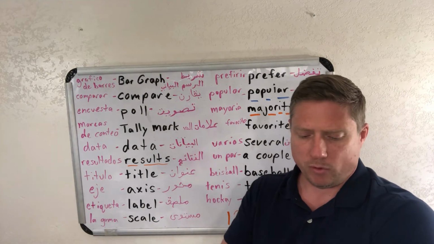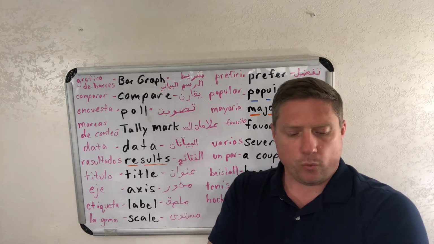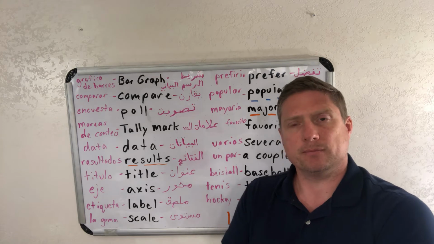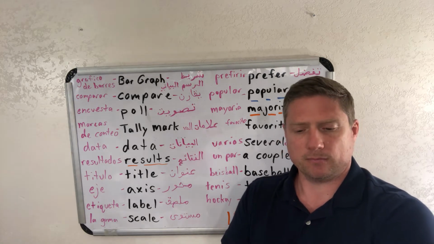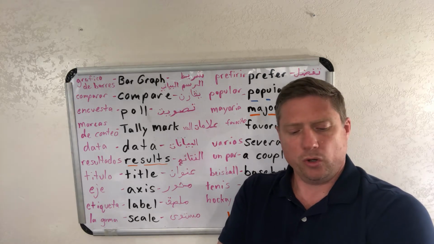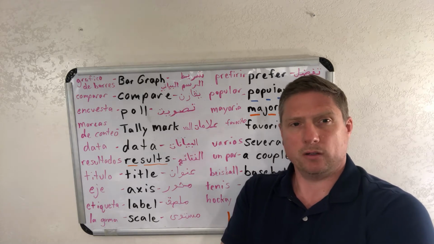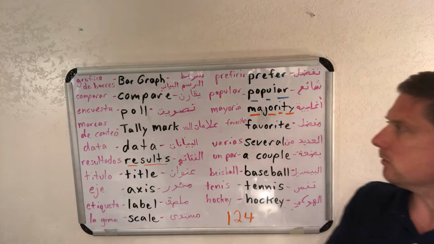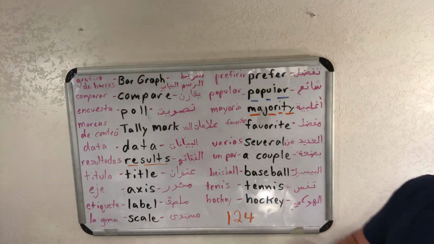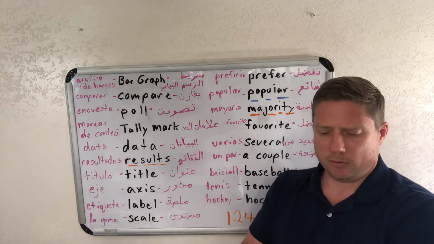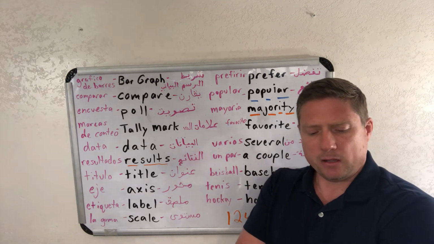Okay, so let's read number one. Number one, we use bar graphs to show information. Number two, students took a poll about sports. They took a poll about their favorite sports. 3.